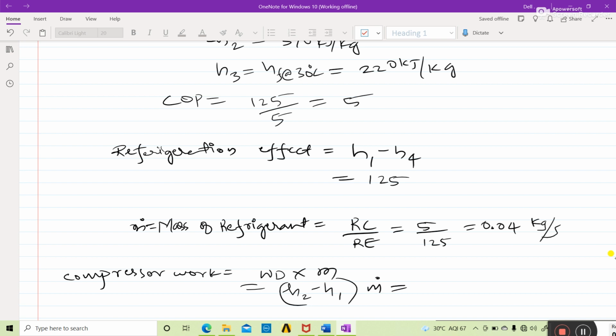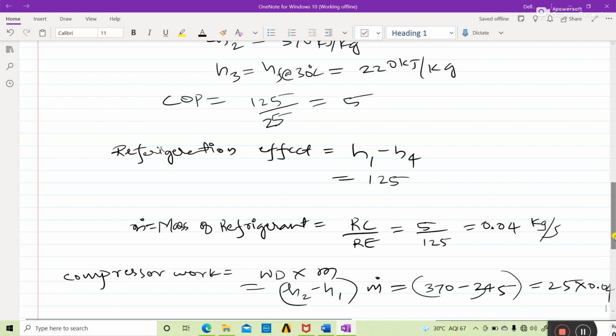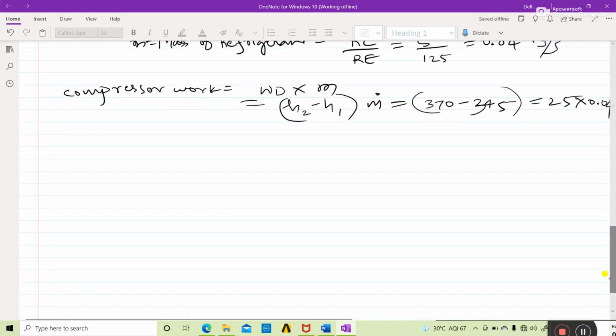Work done per kg is H2 minus H1, which is 370 minus 345, that is 25. You will get 25 into mass flow rate 0.04. The work done or power is 1 kilowatt.